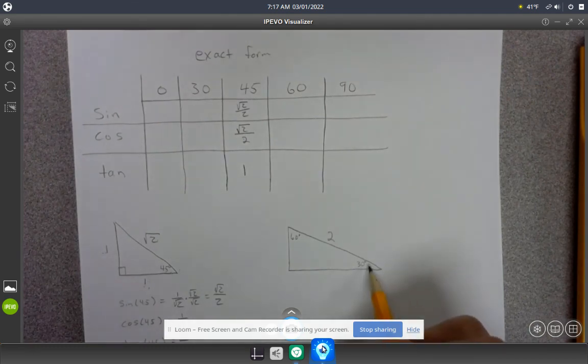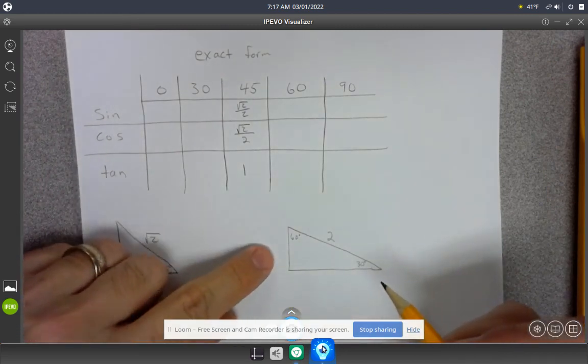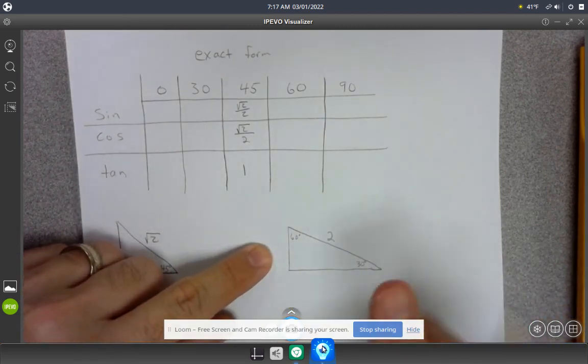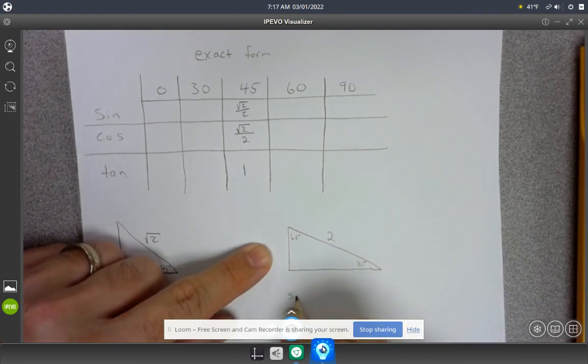So let's say I'm solving for this side over here. If I want to know what this side is, I would use sine of 30. So sine of 30 will give me the opposite over the hypotenuse. We'll just call it x over 2.